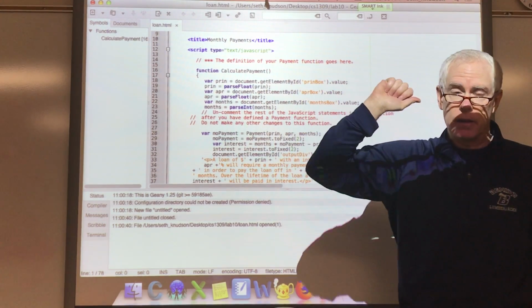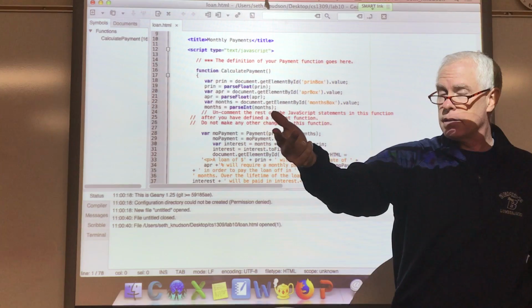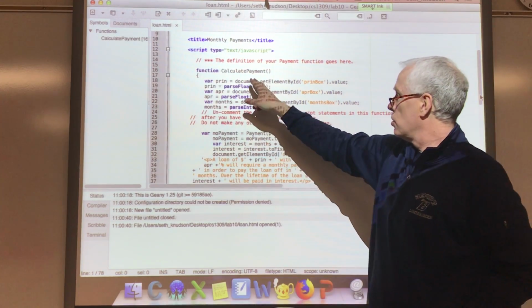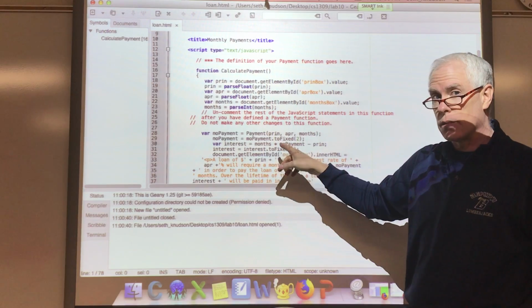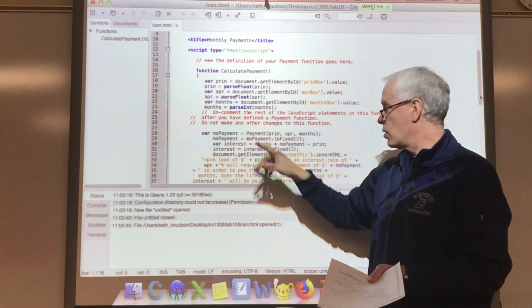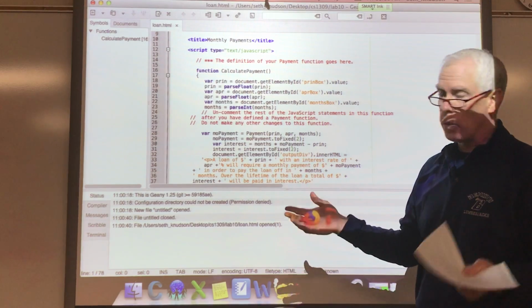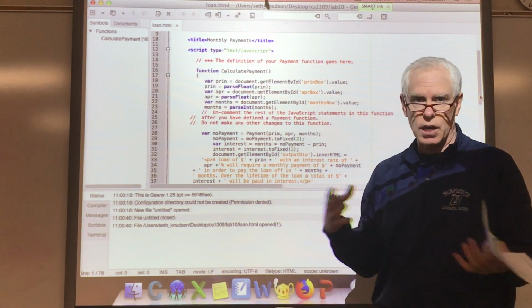It might be principal, rate, and months. You can put in there whatever you want. It doesn't have to match this, but the order needs to match. The very first thing you create should be equivalent to prin or principal or whatever you want to call it. The second one should be equivalent to APR, and the third one should be months.